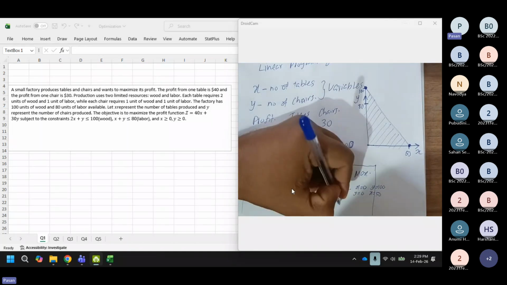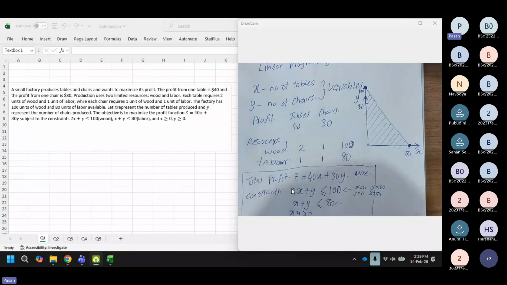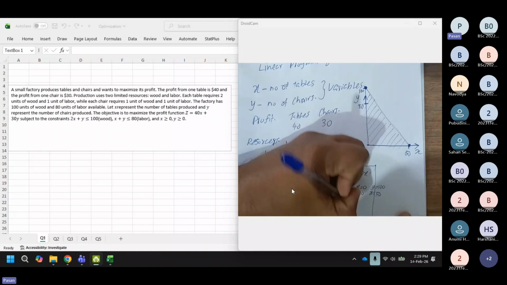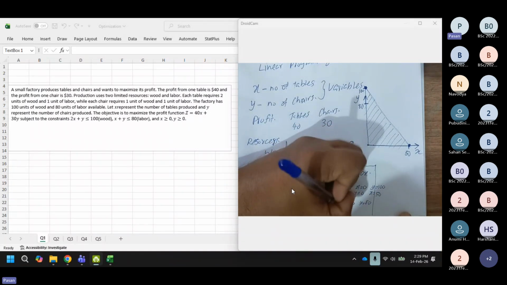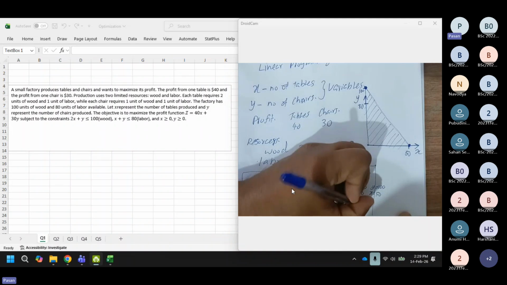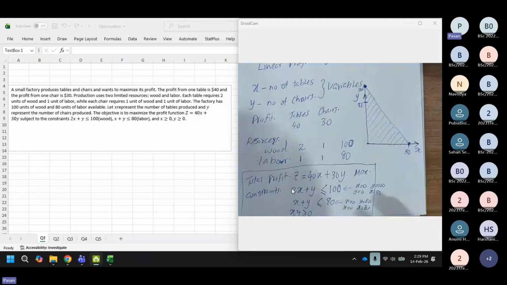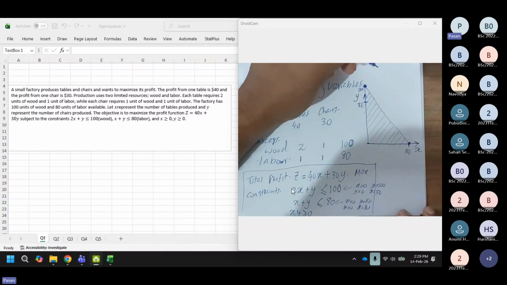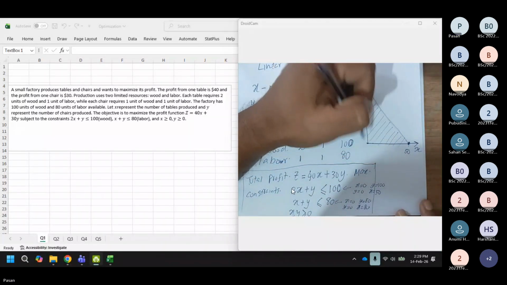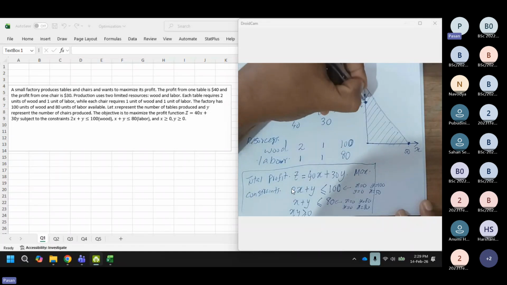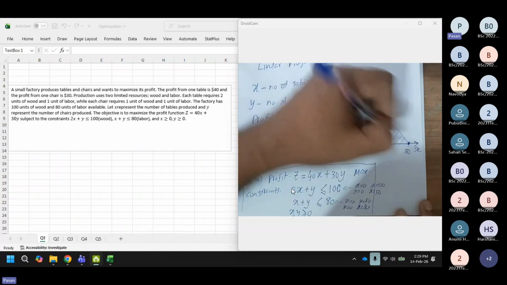And then if I take this one here, I can put x equals 0, and then y is 80, and when y equals 0, x equals 80, right? So we can identify the 2 points like that. So x equals 0, y is 80, that is here, and then y equals 0, x is 80.